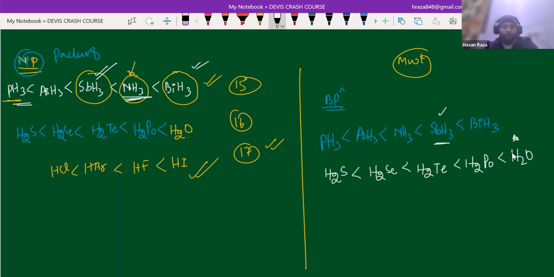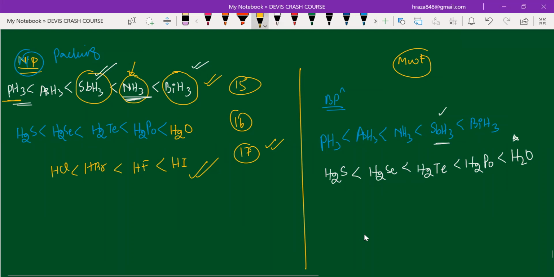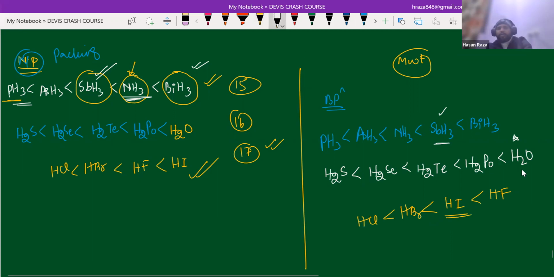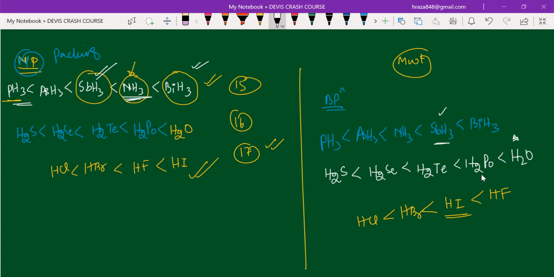That means one water molecule makes 4 hydrogen bonds. For the 17th group, hydrogen fluoride is highest due to hydrogen bonding, then comes HI, then HBr, and then HCl. HI is second because its molecular weight is higher, so the van der Waals force of attraction is also very high. Is that clear?